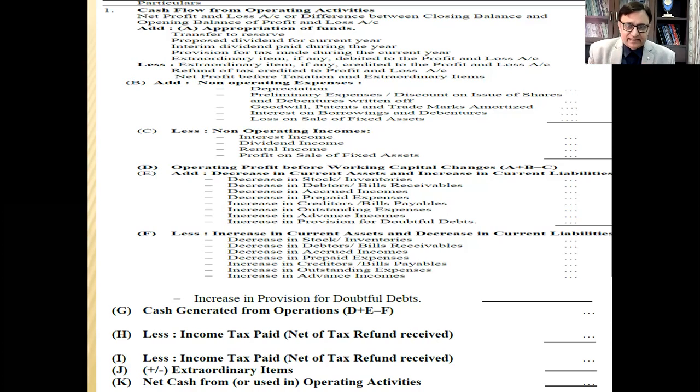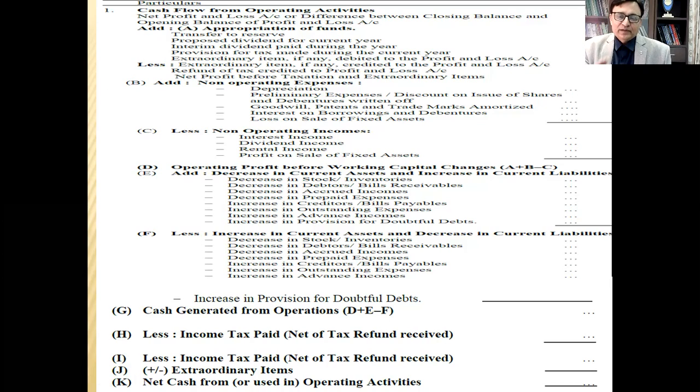I will detail this in the chart which is available on your screen. You can see how the cash flow from operating activities is got. First of all, we have to get the net profit, the difference between the closing balance and the opening balance of the profit and loss account. There are two methods.